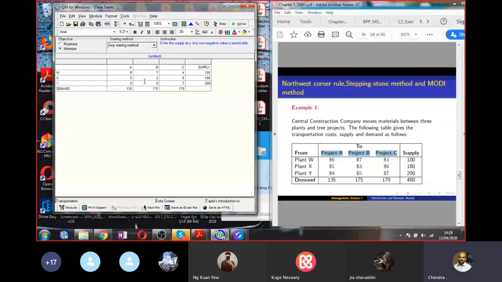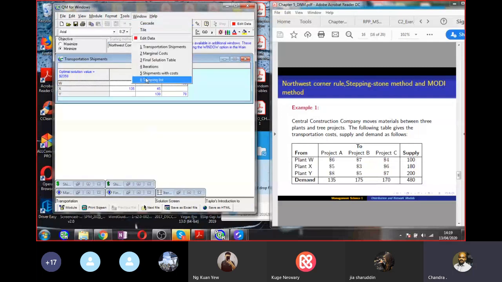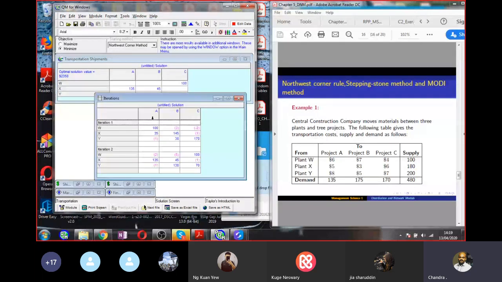starting method would be northwest corner rule method. The one we start first, our first solution, remember, northwest corner rule method, right? Click here, northwest corner method, and solve. Go to iteration. You can play around with any solve solution you want, but I prefer iteration. It gives a clear picture.